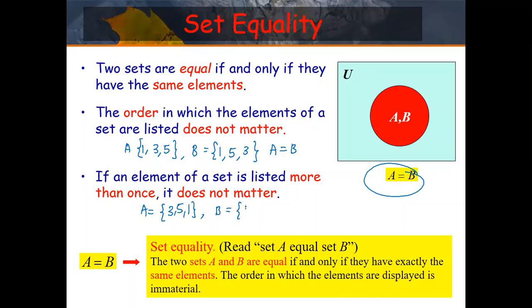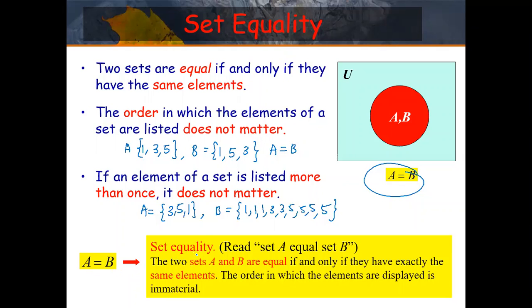Set B: 1, 1, 1, 3, 3, 5, 5, 5, 5. But actually they are the same. The elements are only 1, 3, 5, but they are repeated. So A is equal to B.